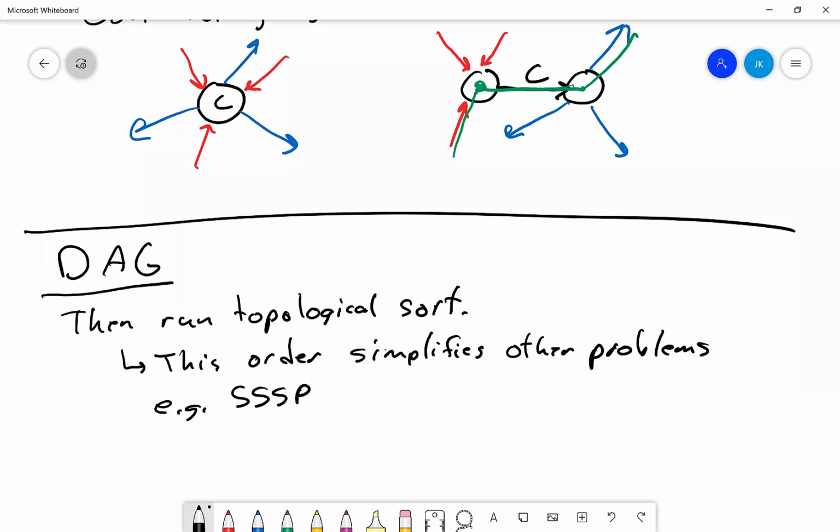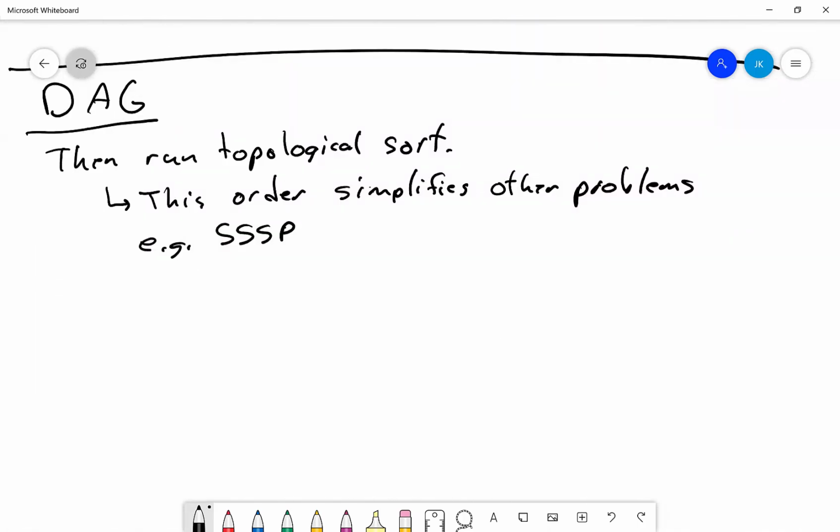If you do that, you don't ever have to worry about going back and re-relaxing things. You just relax each edge in topological sort order and you're done. There's no worrying about going back. It's an asymptotically simpler solution. So there are a lot of cases where that comes up. But probably the most interesting aspect of this is that I would say most dynamic programming problems.